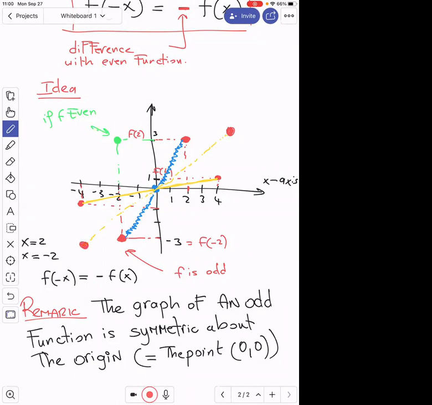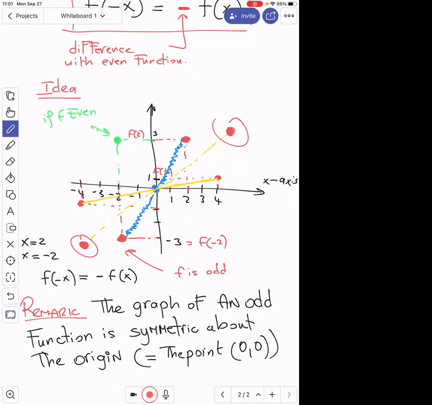These two points have the same distance from the origin, so they are symmetric about the origin. Then just join all these points, and you're going to get the graph of f of x.